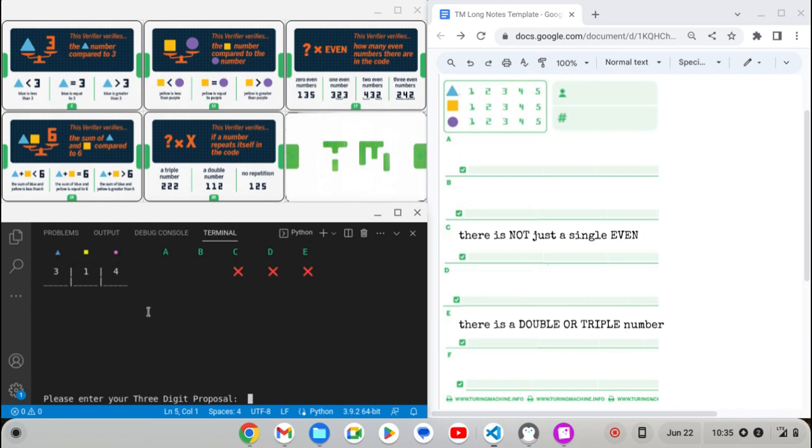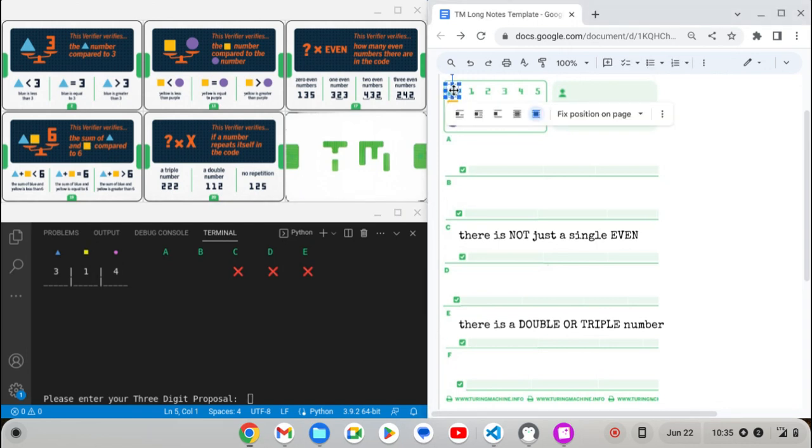3 strikes. Okay. So what we can say is that, well, in my proposal, if I do add up the digits, 3, 1, that's less than 4. It did not approve of that. So we can say that the sum of triangle and square is either 6 or greater than 6.